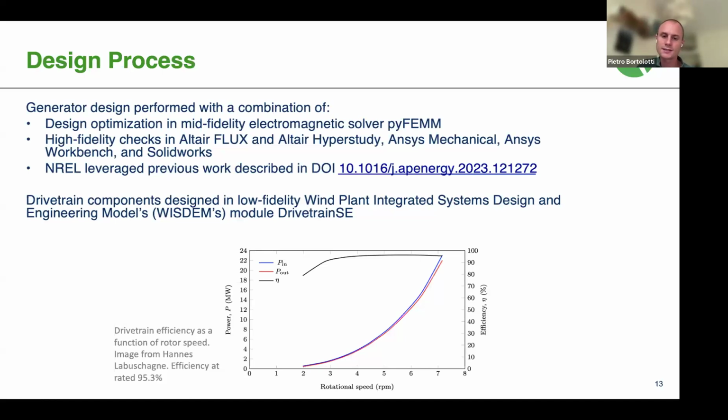The other components of the drivetrain were designed within WISDOM, the Wind Plant Integrated Systems Design and Engineering Model, which is our conceptual design tool that has been developed at NREL for the past 15 years, and specifically within the module DrivetrainSE. Here at the bottom, you see a plot of the efficiency of the generator across the rotor speed. And at rated, we are at 95.3%.